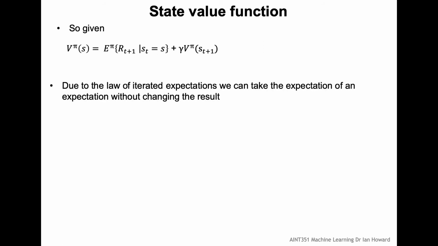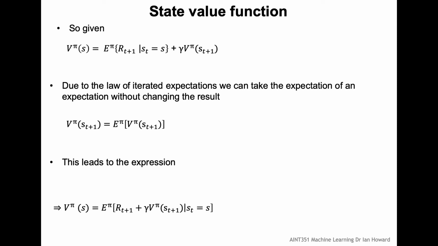Given that we've got this formula, we can also slightly change how this is written. If we look at this second term on the right hand side, we could take the expected value of a value function, and that will also still be the value function, and that's just because of iterated expectations.